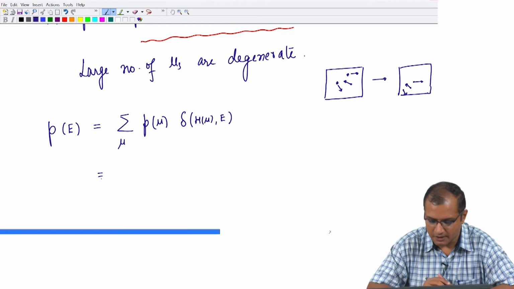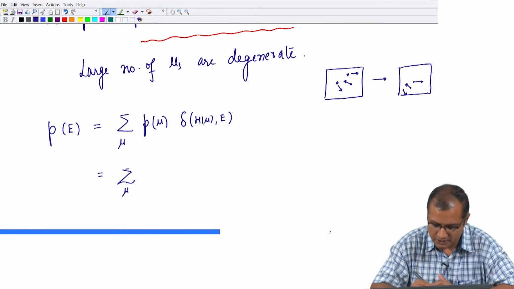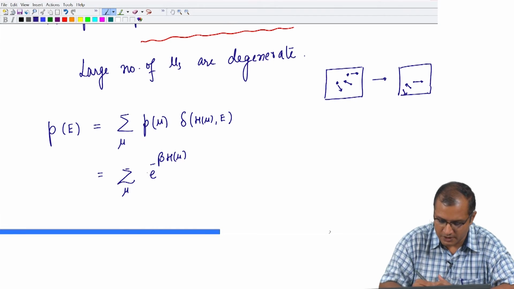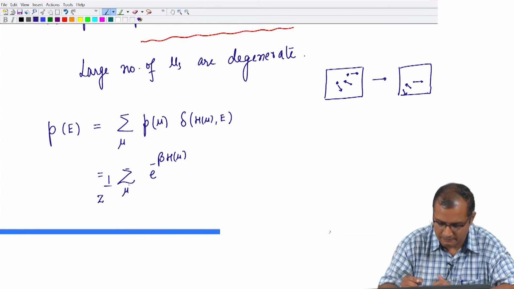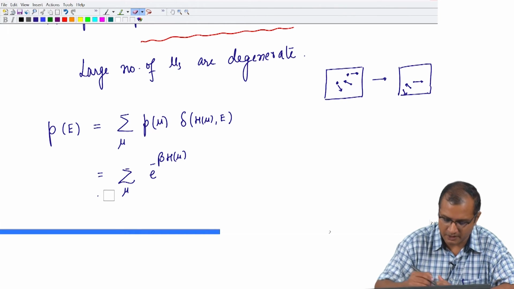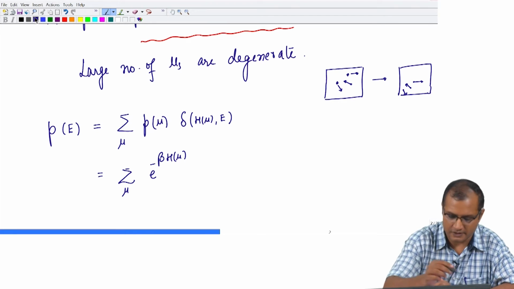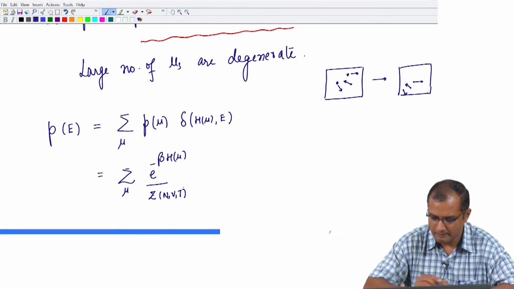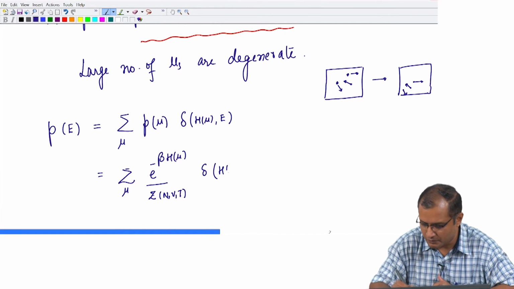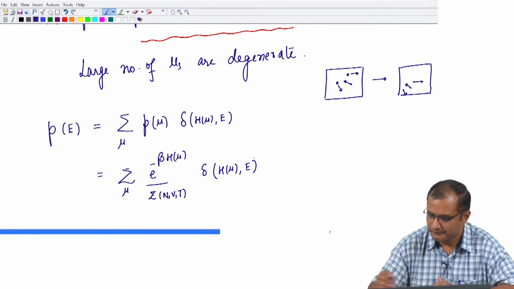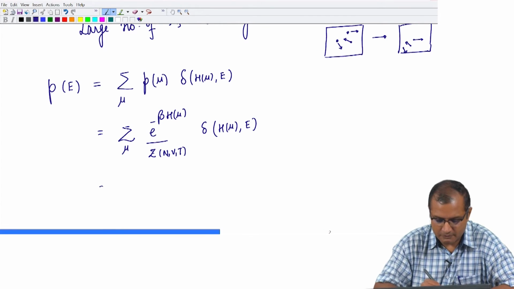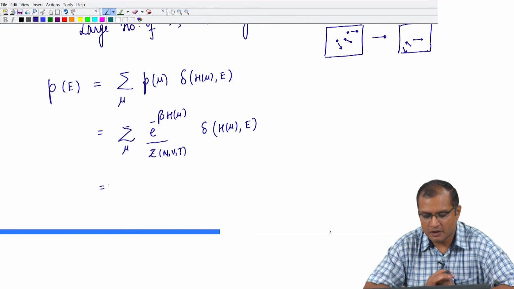This will simply become, if I substitute our expression for P of mu, which is nothing but e to the power minus beta h of mu over the partition function that I am going to take outside. For the time being, I am going to write down this partition function in the denominator, into delta of h mu, E. Now, you can see that a large number of microstates that have energy E will contribute to this sum.